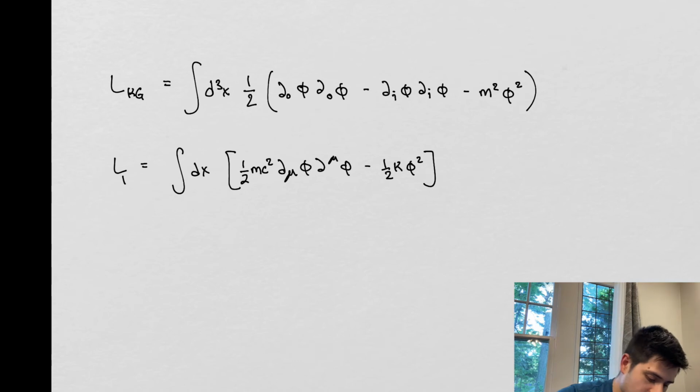This is also our Klein-Gordon Lagrangian, just written in a different way. We sort of absorbed this and this into this four derivative, or these two four derivatives. And then this here becomes this.